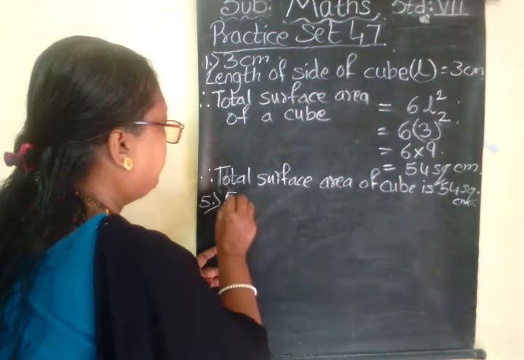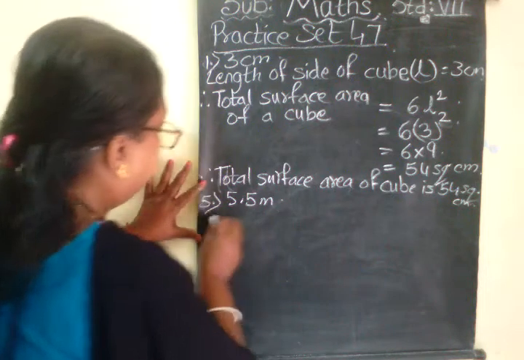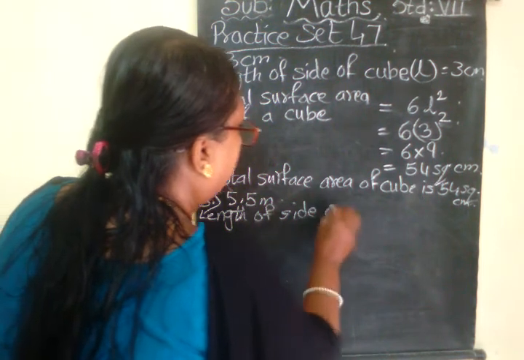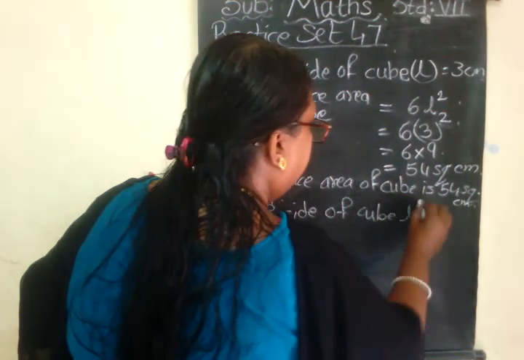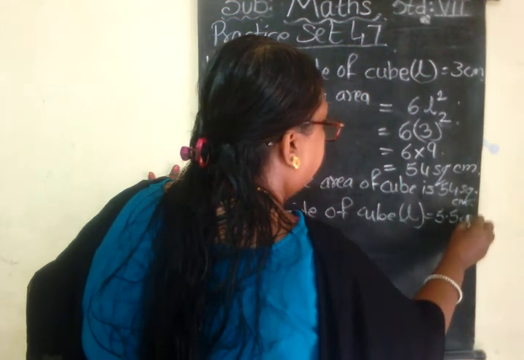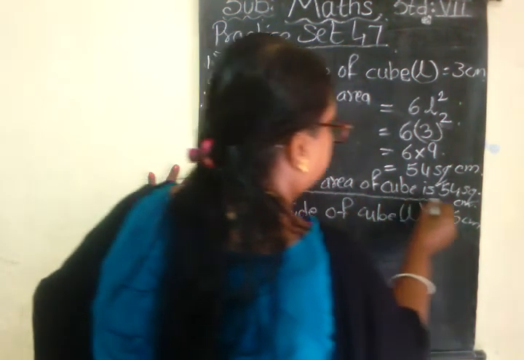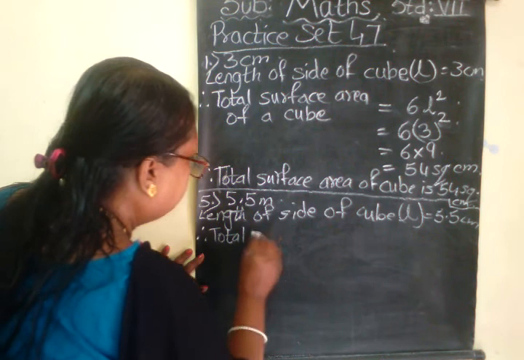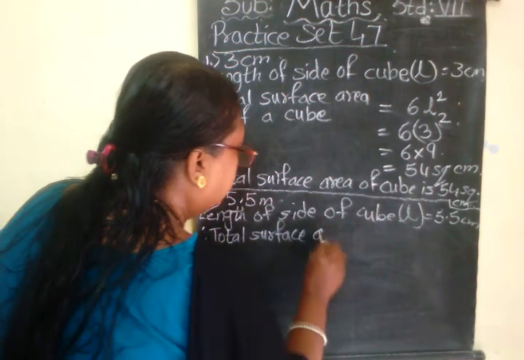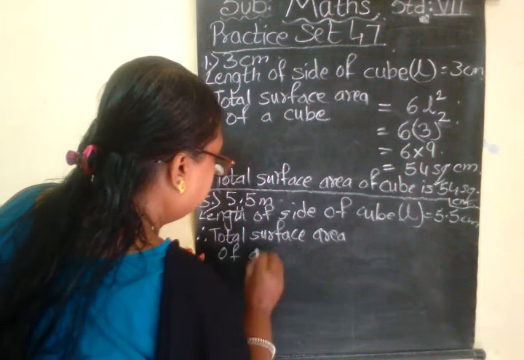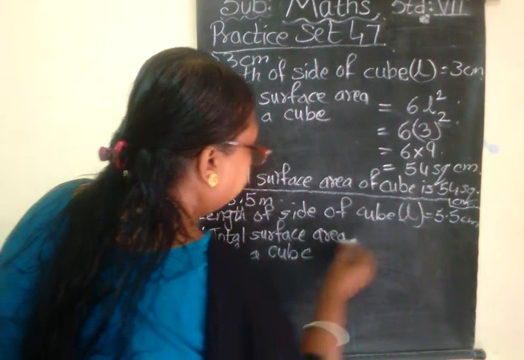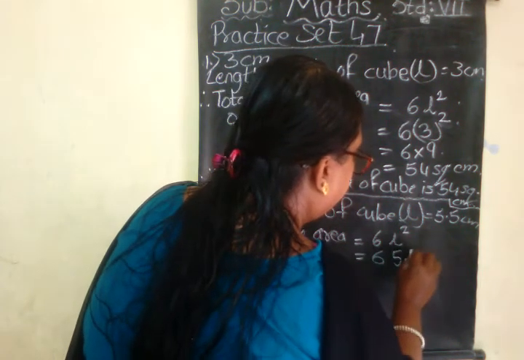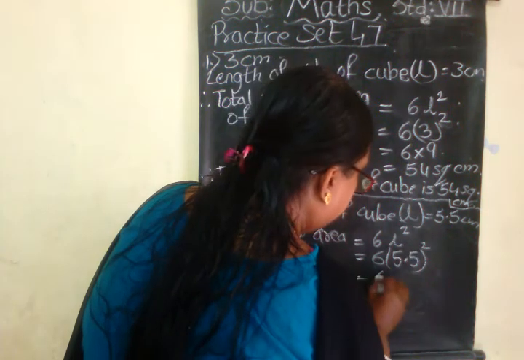Fifth sum, question is 5.5 meter. So in the same manner, length of side of cube, L equals 5.5 meter. Therefore, the total surface area of the cube is equal to 6L square, which equals 6 multiplied by 5.5 square.